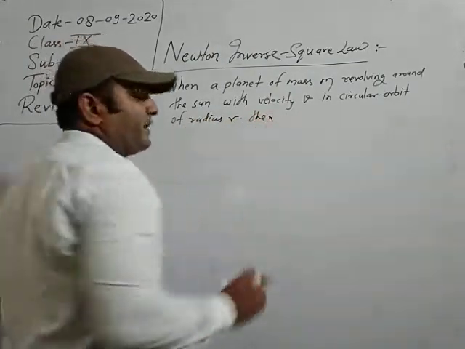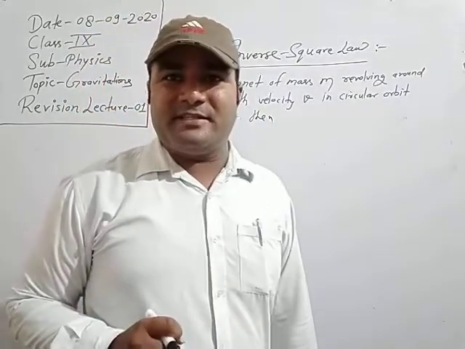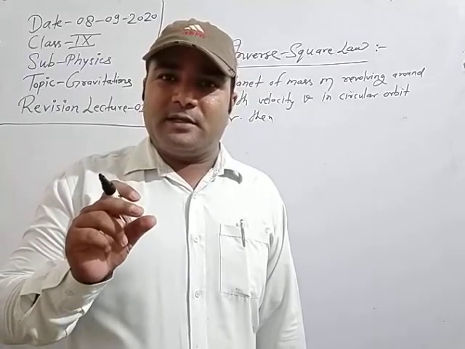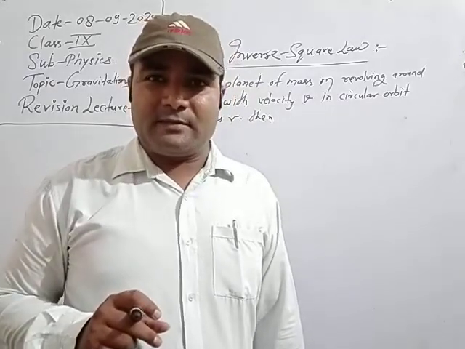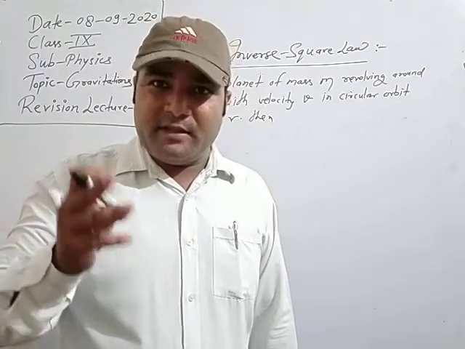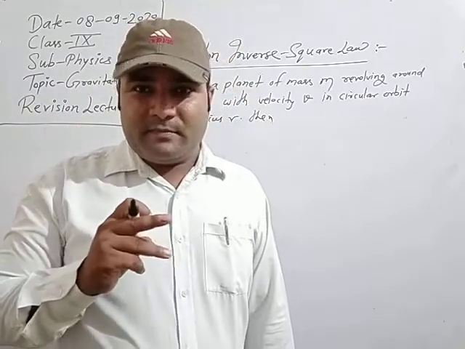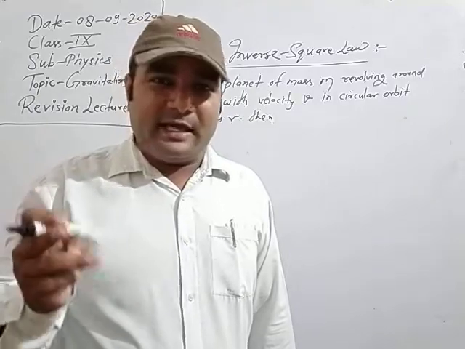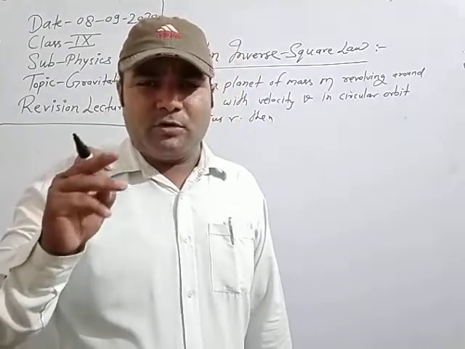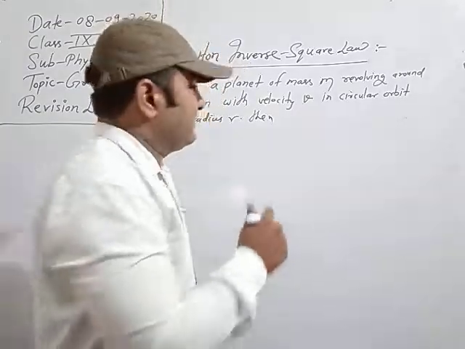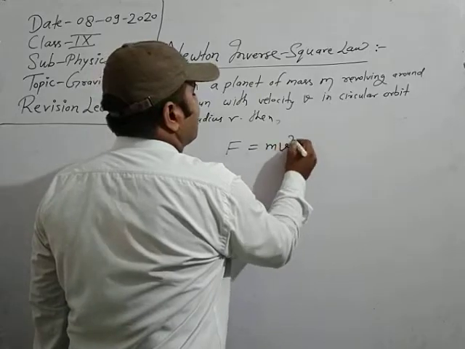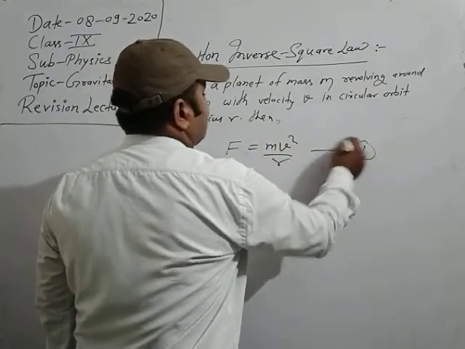Then by the definition of the centripetal force formula, very simple, F is equal to mv square upon r, where m is the mass of the body revolving around the sun, v is the velocity of the planet, and r is the radius of the circular orbit. So the formula for centripetal force is F equal to mv square upon r.